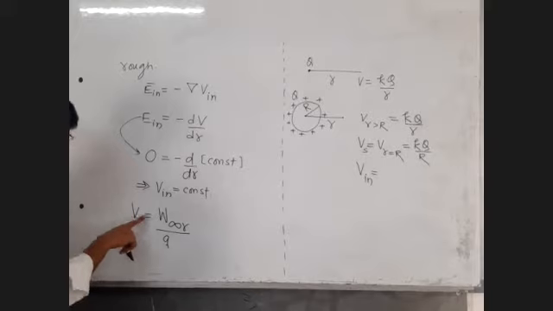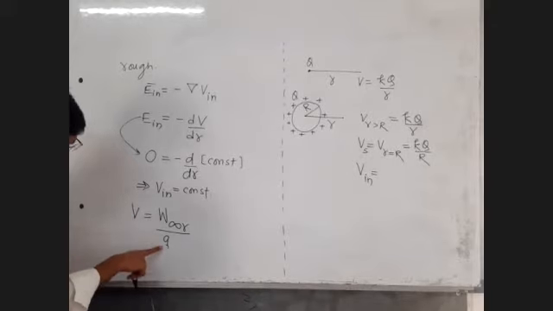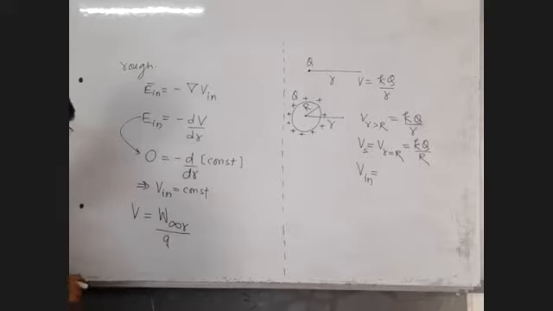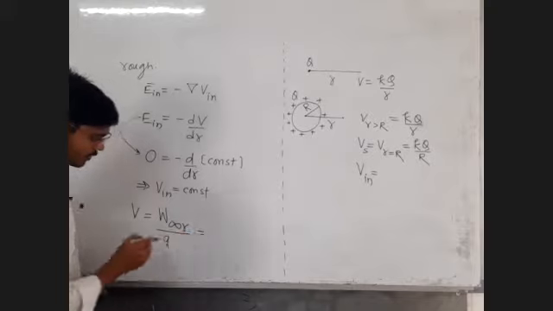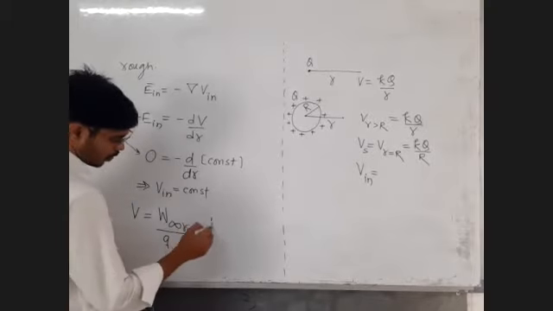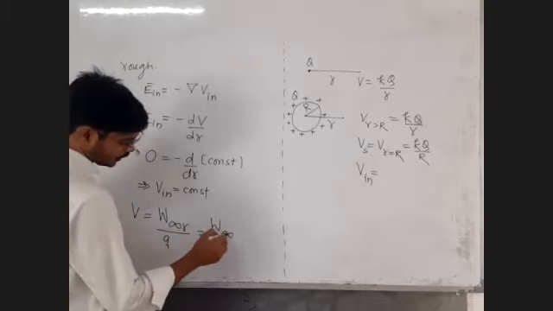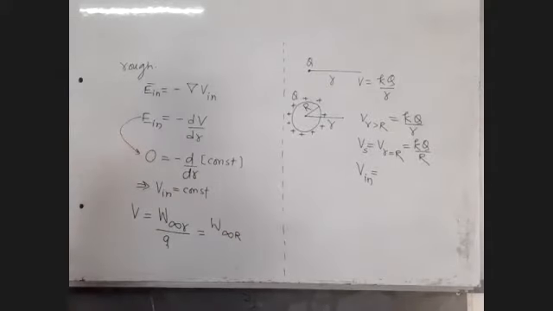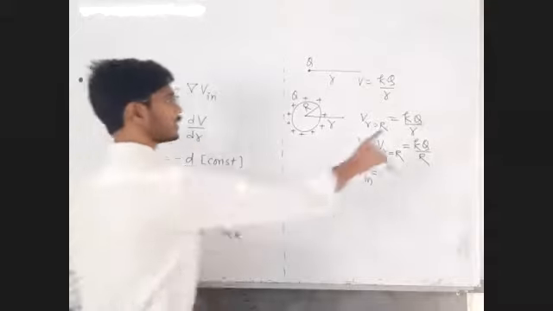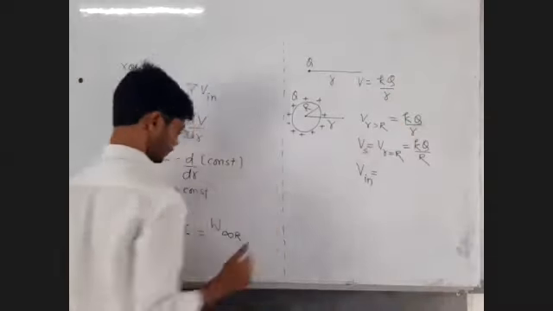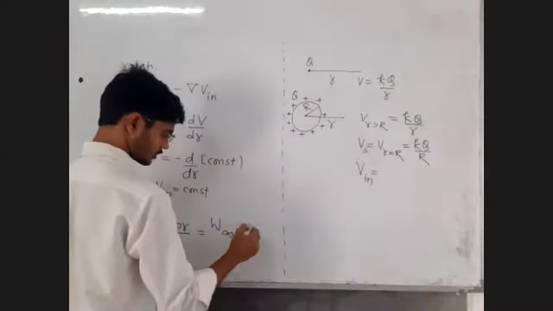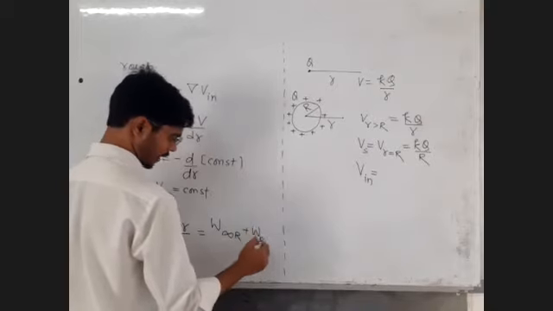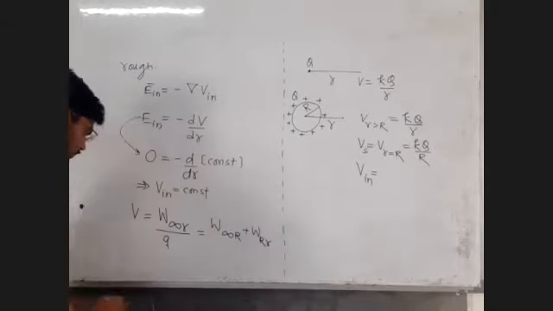Sir, this work done can be split into two parts: work done from infinity to surface, infinity to capital R, and then surface to inside, capital R to small r.